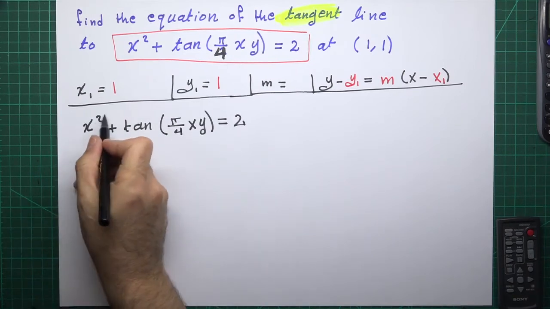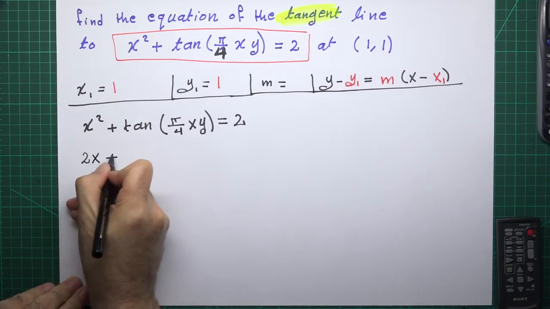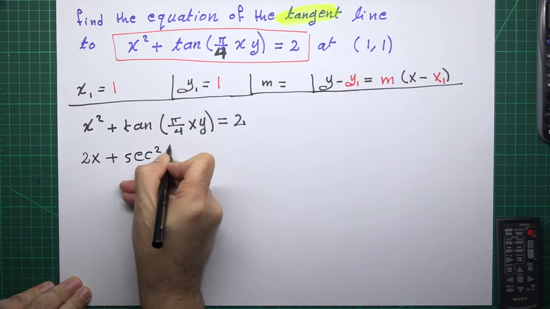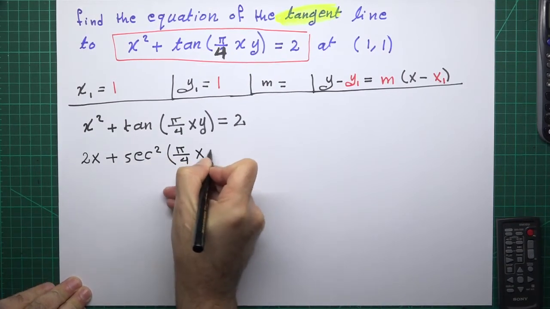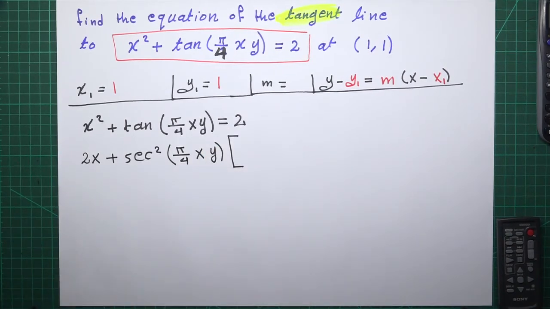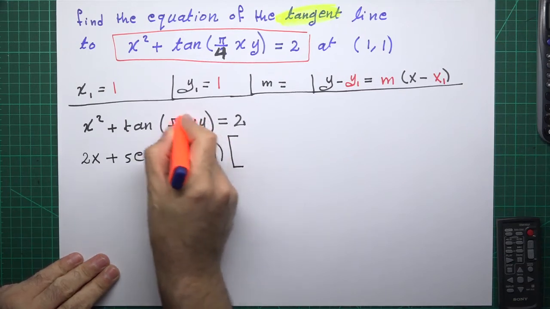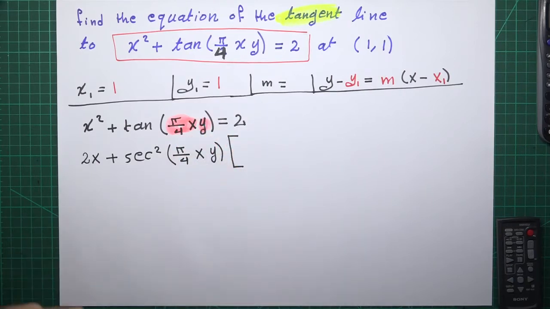The derivative of x squared equals 2x. The derivative of tan هو secant squared of pi over 4 xy times the derivative of the angle. But as you observe, for the derivative of the angle we have like product rule. We have this function, or this is the first one and this is the second.